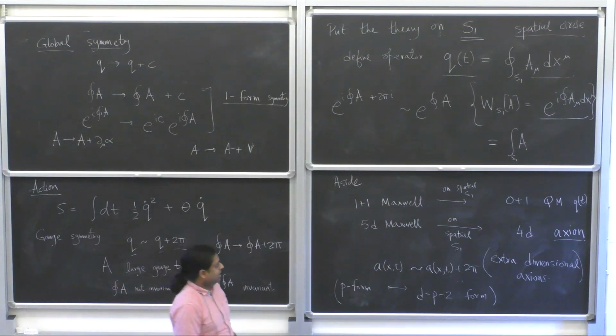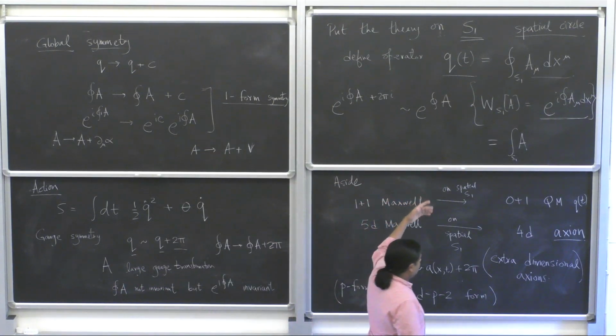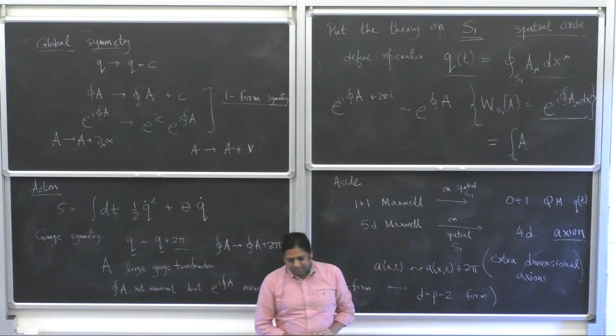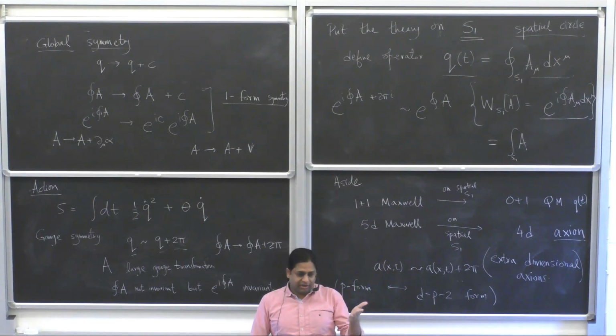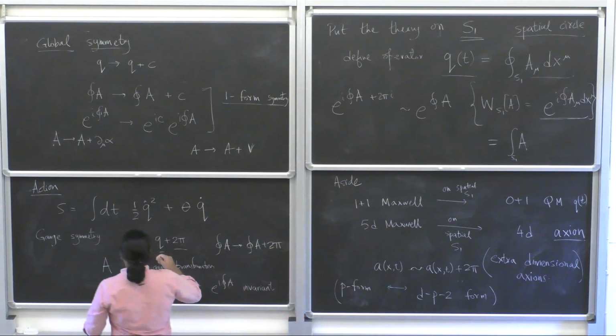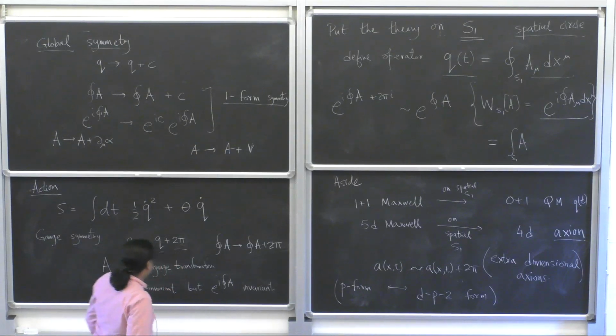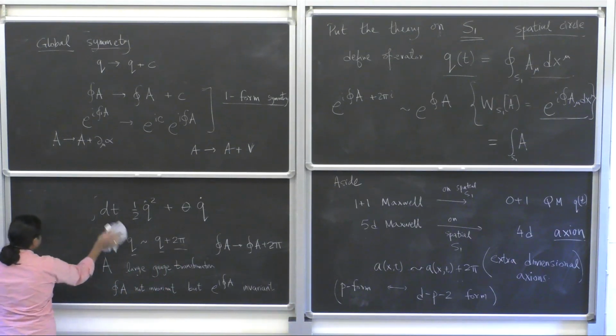So in 1D, there's only one derivative. In 4D, we would have theta multiplying F tilde. So it's a two derivative term, but it's a total derivative of something. So let me write instead of just saying words.